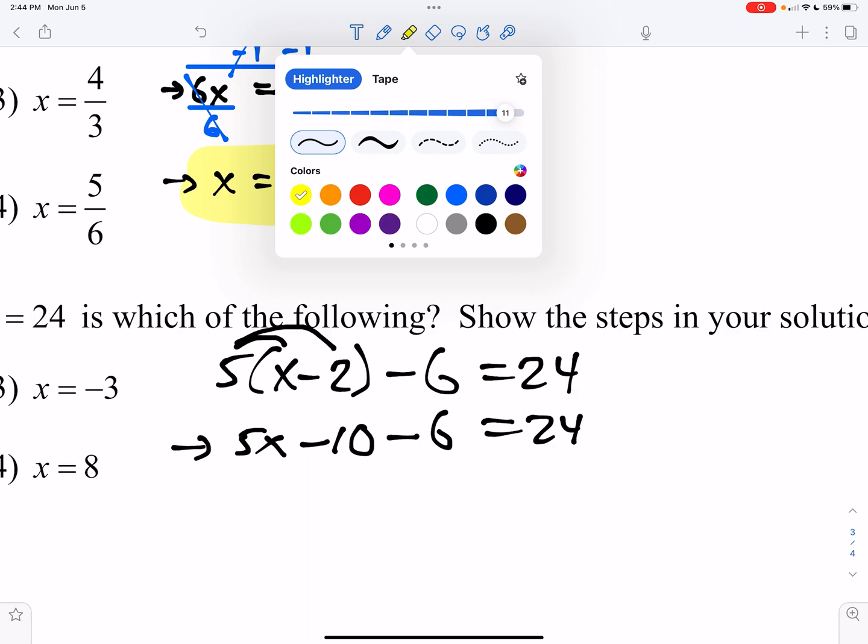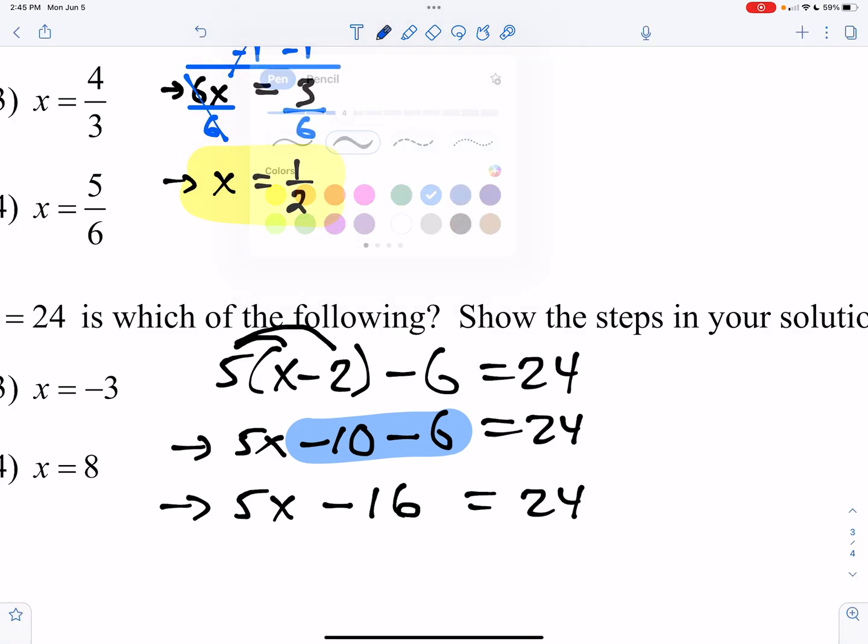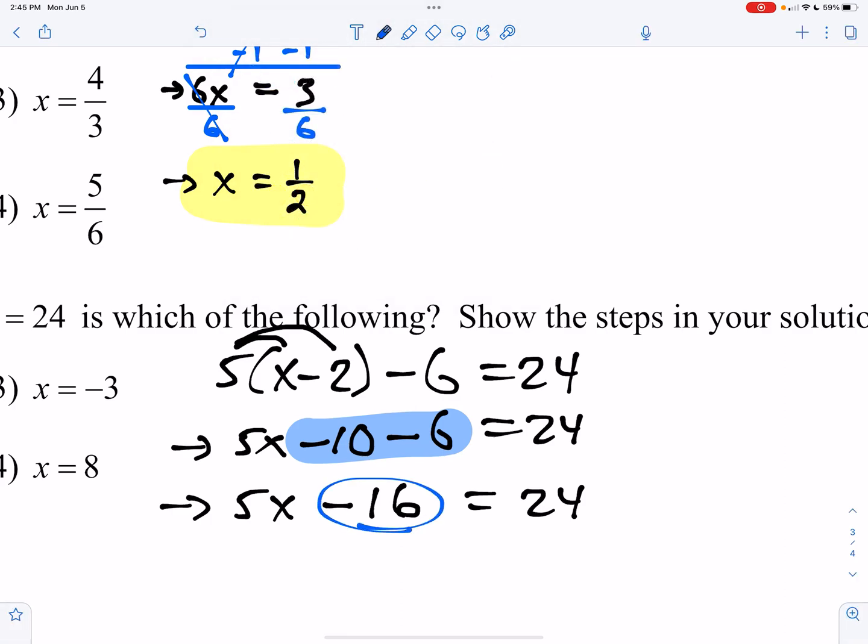At this point, you could combine those like terms, and 5x minus 10 minus 6 would be a total of minus 16, and that equals 24. At this point, you have to get rid of the negative 16 and the 5. Get rid of the negative 16 first. Anything added or subtracted, get rid of it first. So the opposite of subtracting 16 would be to add 16 to both sides.